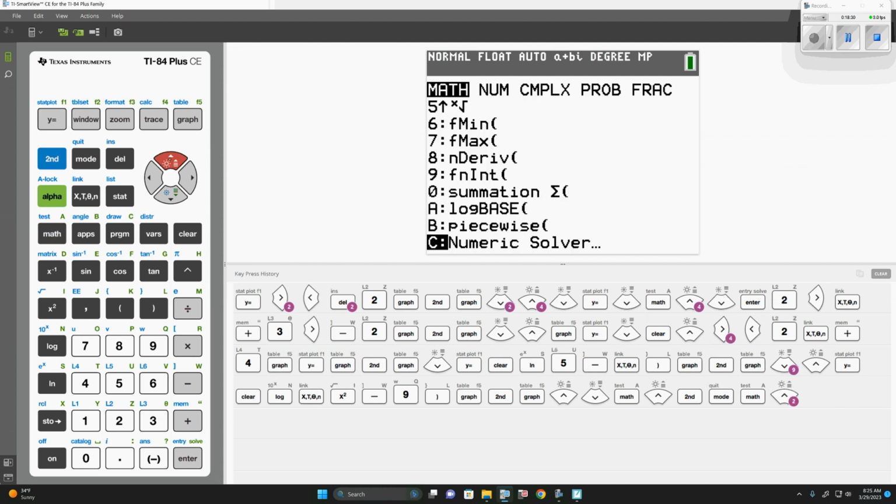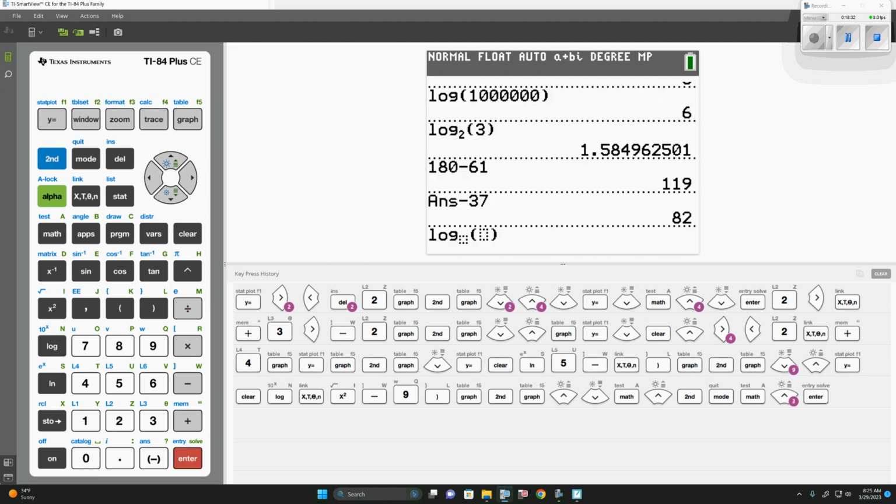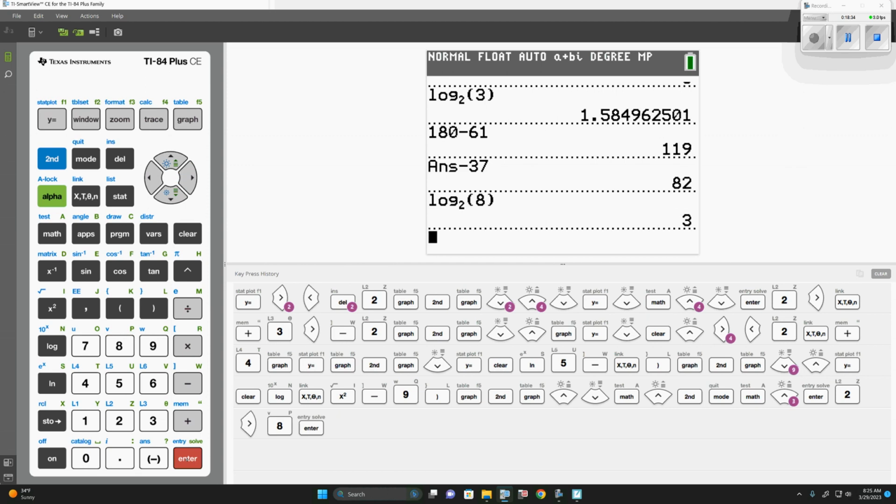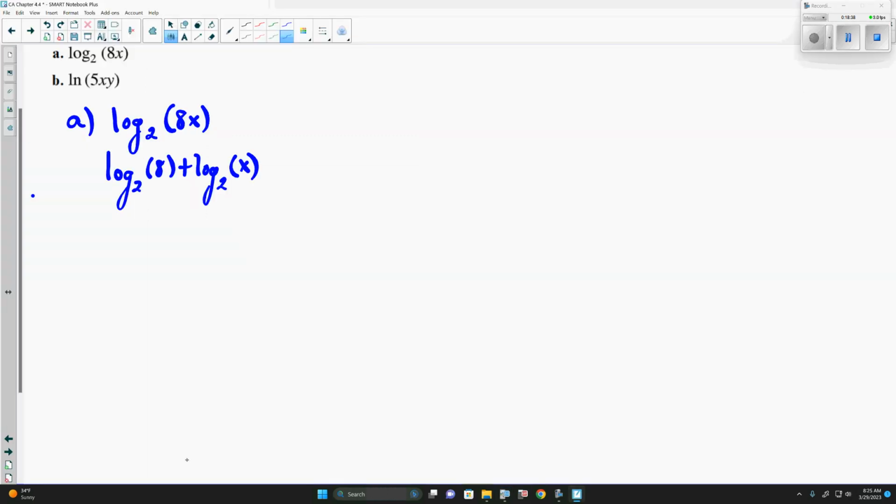Math, log base 2 of 8 is 3. So we can just say that this is 3 plus log base 2 of x. Questions on this here?